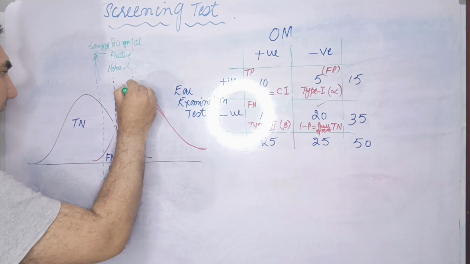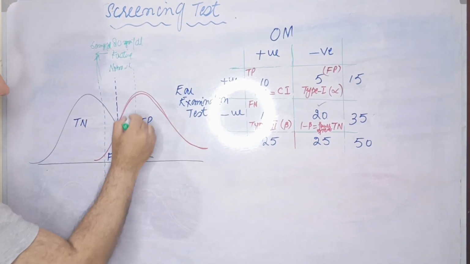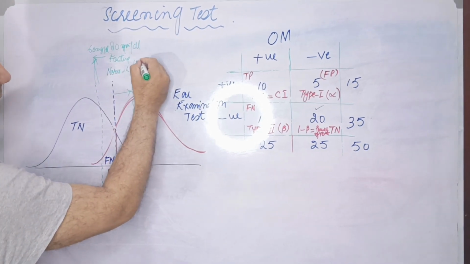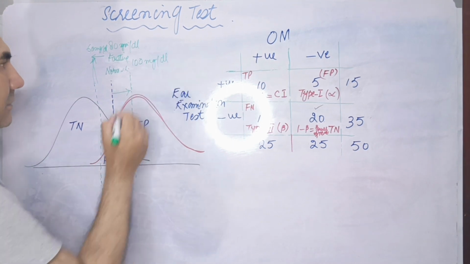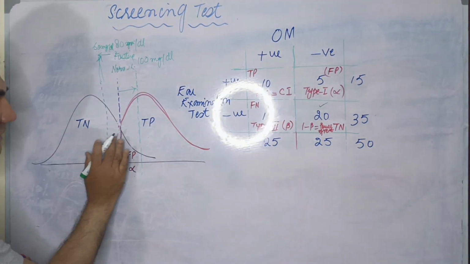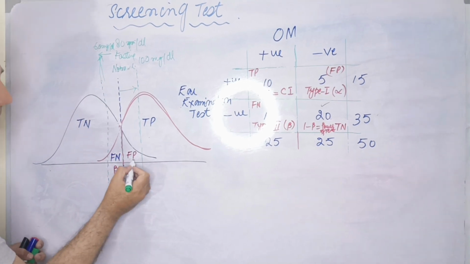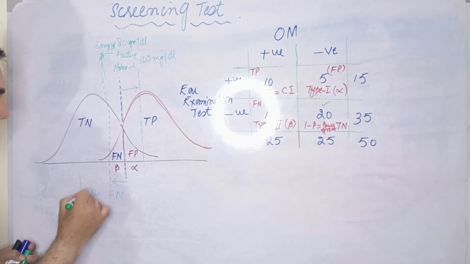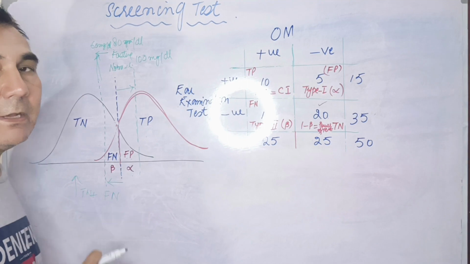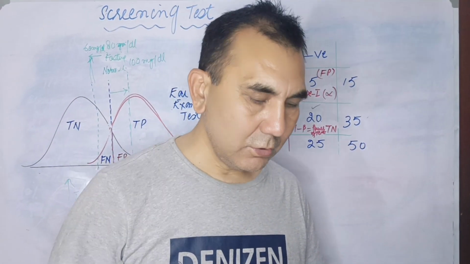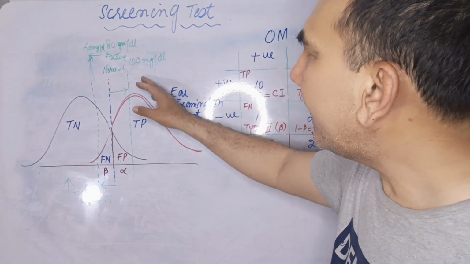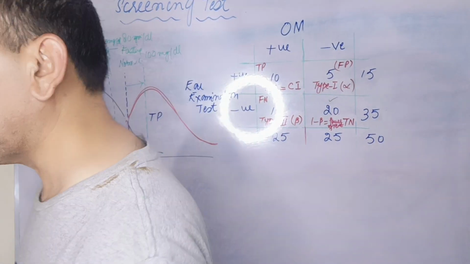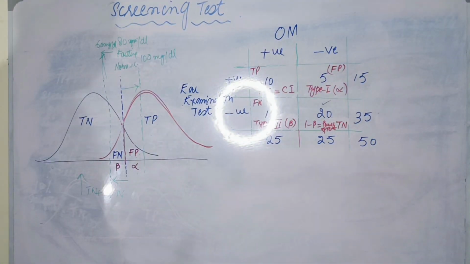Now, when I increase the cutoff value from 80 to 100 milligram per deciliter, what would happen? Then the false negative and true negative will be increased, so the false positive will be decreased. It means you will identify fewer people.